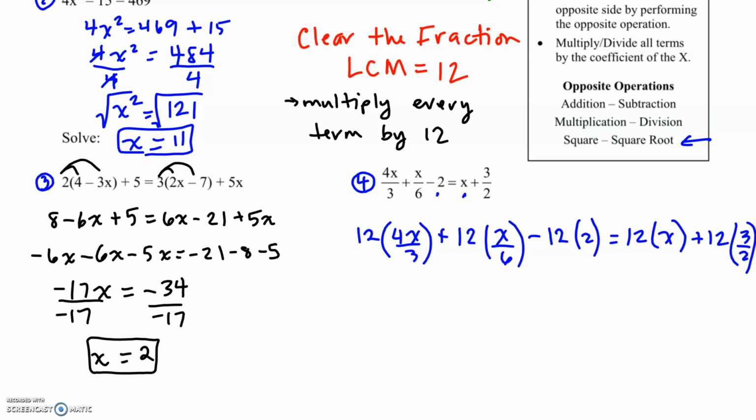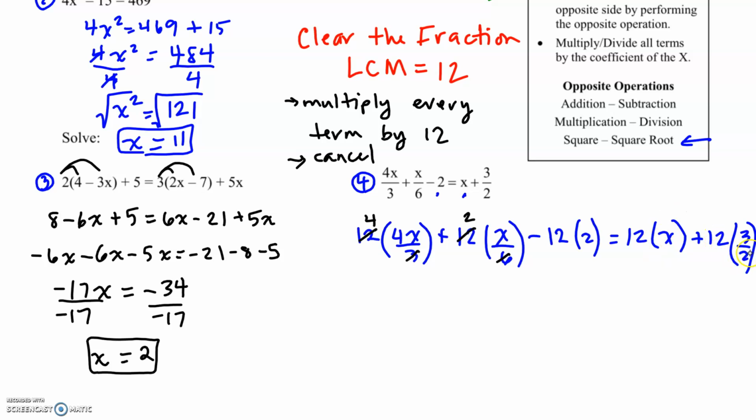Once you multiply every term by 12, now we cancel out, and that's what clears the fraction. I'm going to start with my first term, and I know that 3 divides into 12 4 times, and that canceling out gets rid of my fraction, or clears the fraction. 6 goes into 12 2 times. There's nothing to cancel out here, or here, 12 times 2 or 12 times x.